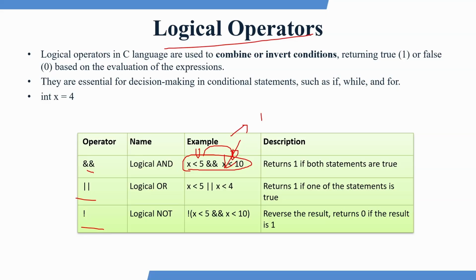If both conditions fail, it will also return 0. Similarly, with the logical OR operator, if both conditions are false it will return false, and if any one is true it will return true. NOT will reverse the result: if the result we have got is 0 it will return 1, and if it is 1 it will return 0.